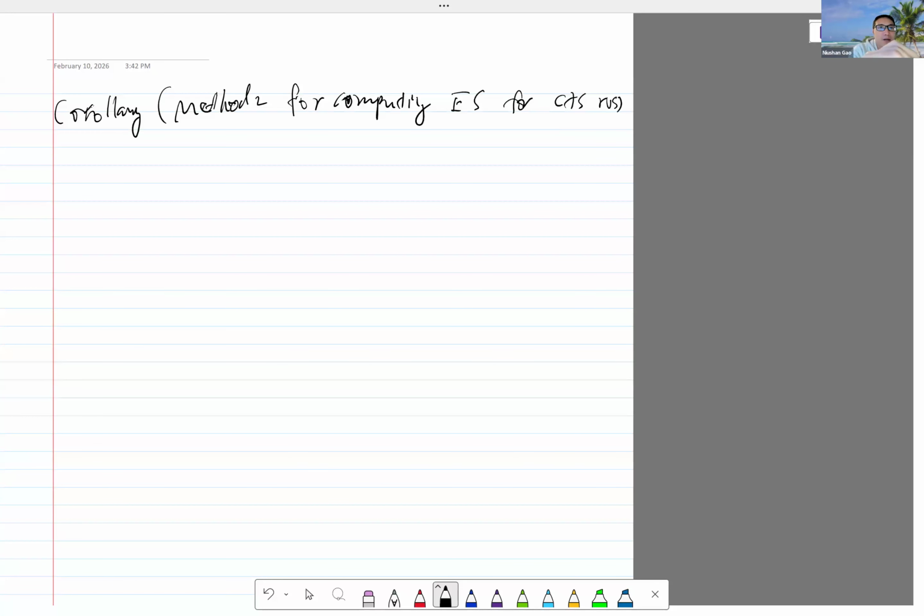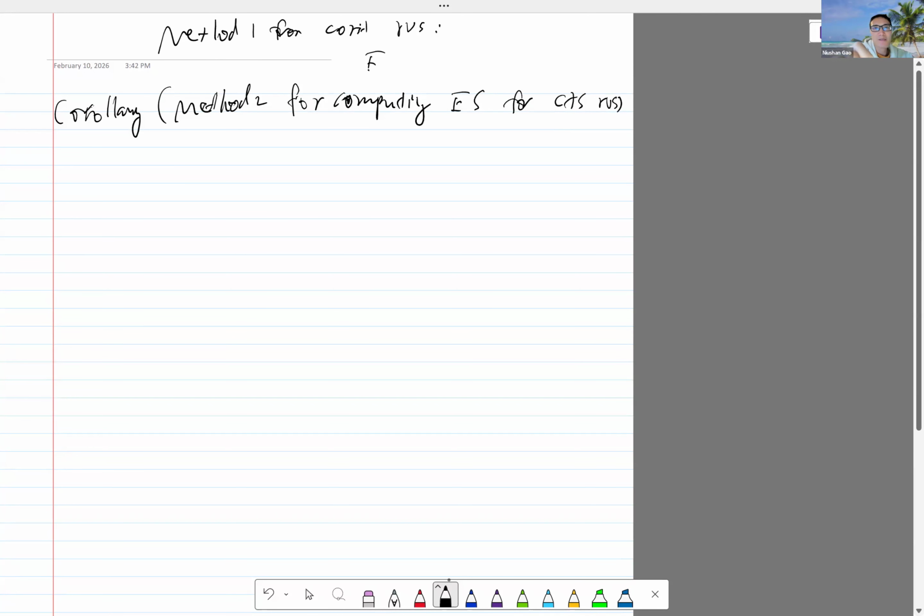So, corollary or method two for computing expected shortfall for continuous random variables. What is method one? Well, it's just the definition of expected shortfall of alpha of L. It's just a definition.